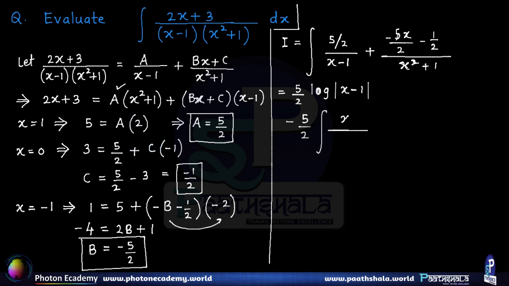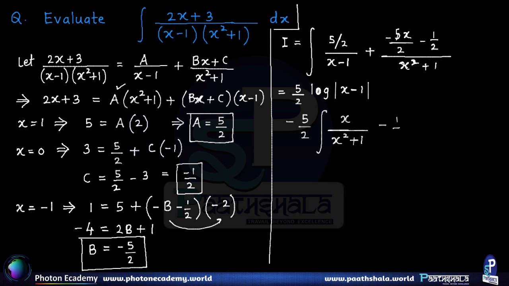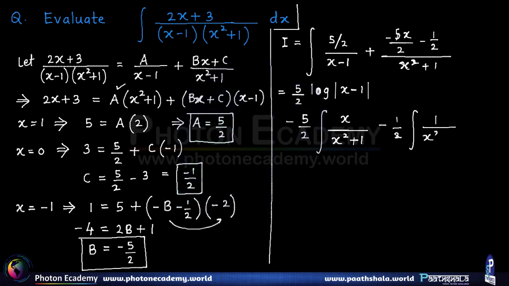Alright, so here we have x upon x square plus 1. And from the second term we have minus 1 by 2 that can be taken common, and we have the integral of 1 upon x square plus 1. Now this last integral is easy to calculate because that's a standard result, which is tan inverse of x.